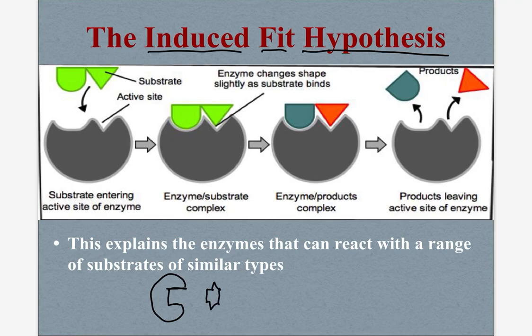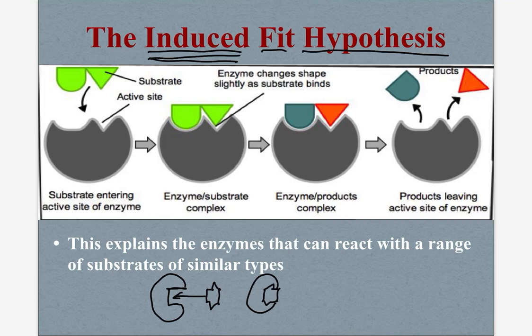Now you're going to think that this cannot fit, but once you fit here, the active site kind of changes a bit just to be able to fit. So now you have fitted. You're changing a little bit of the active site to allow the substrate to go in. That's what induced means. Induced means I'm kind of forcing or influencing the active site to change a little bit.